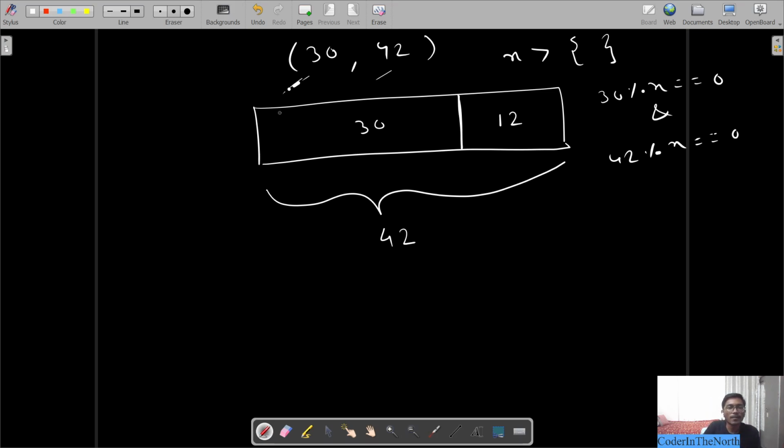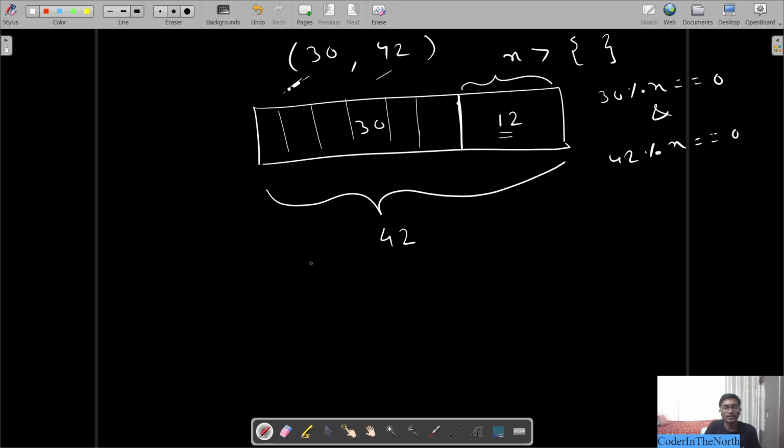That x will divide this 30 and also 42. If it divides 30, then whatever the remaining part is, it's 12, so that number should also divide this remaining part.